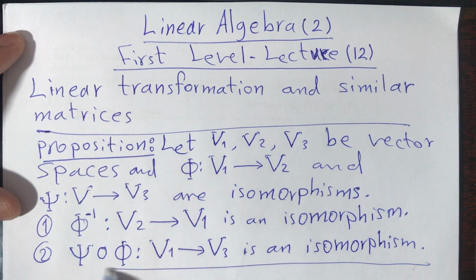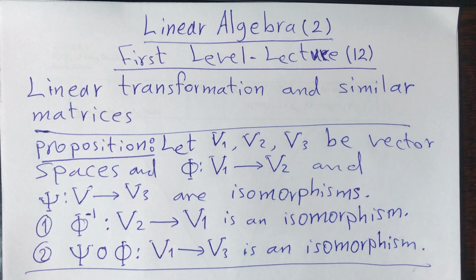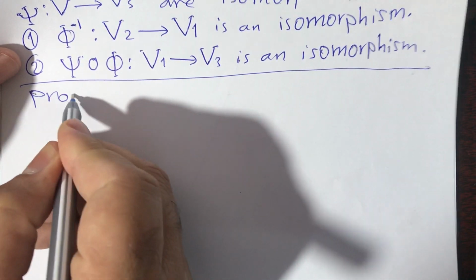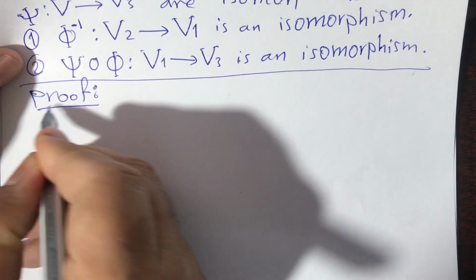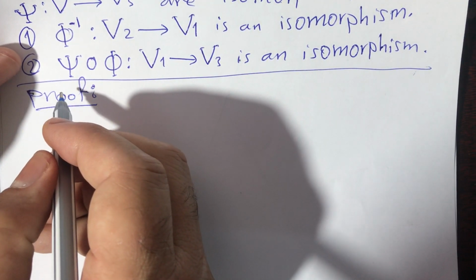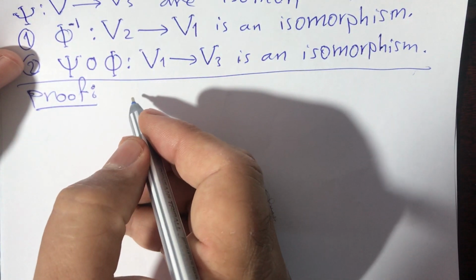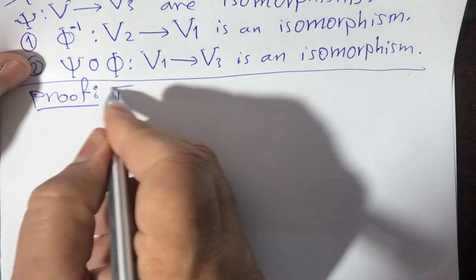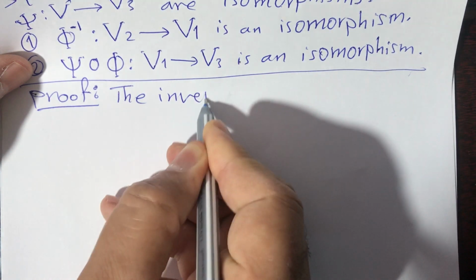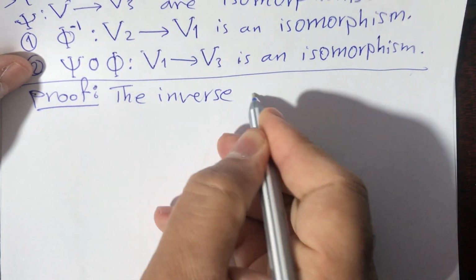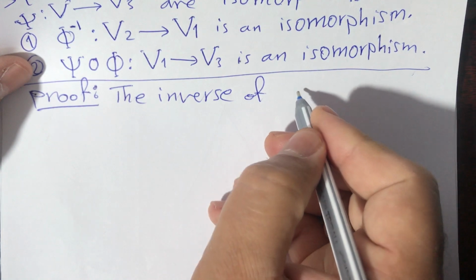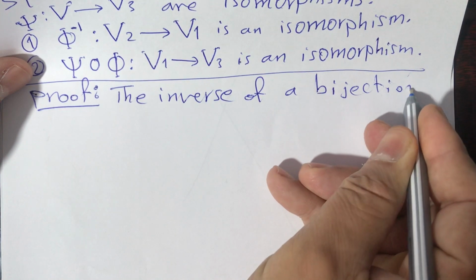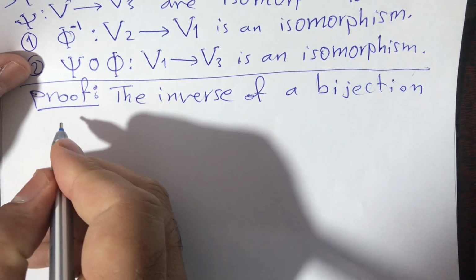This is a proposition. We will prove this proposition. Prove the inverse of a bijection is a bijection.